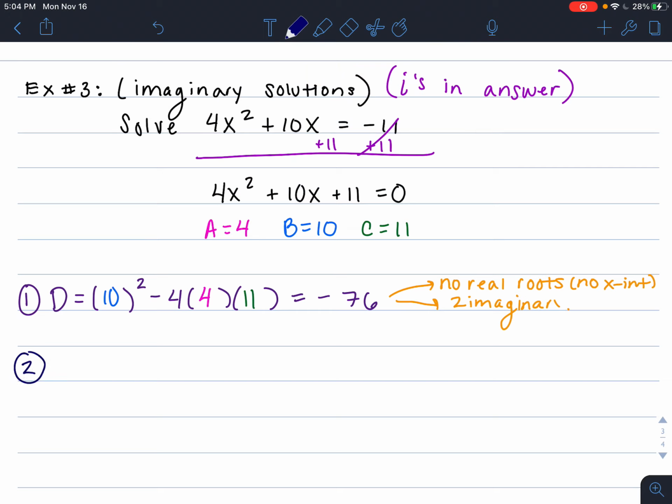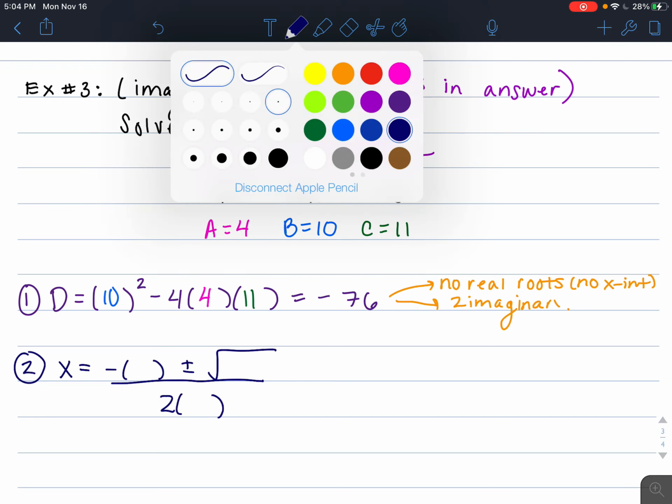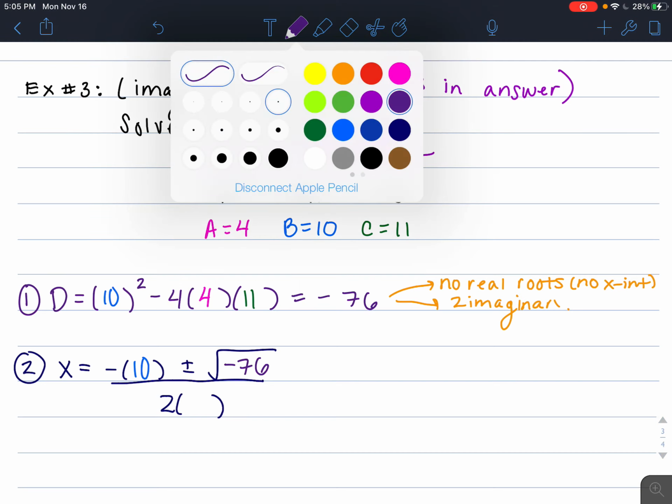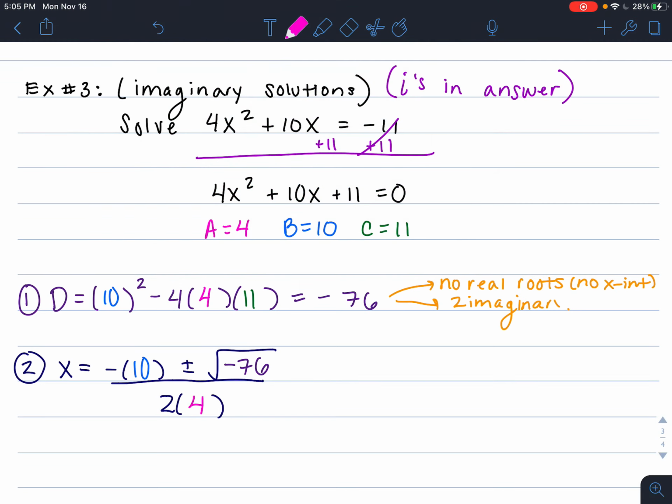So now let's go ahead and set up our quadratic formula. So we're going to get that x equals the opposite of b plus or minus the square root of the discriminant all over 2 times a. And then we're going to plug in our numbers. Okay, so the opposite of 10 is negative 10 plus or minus.